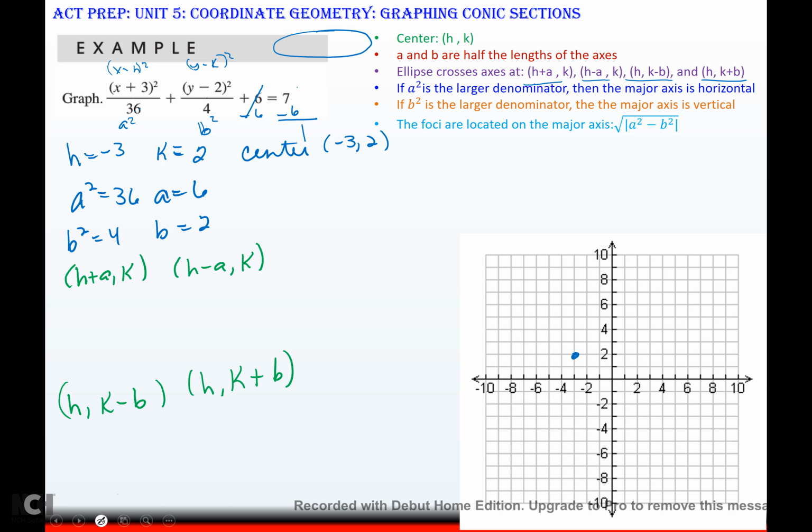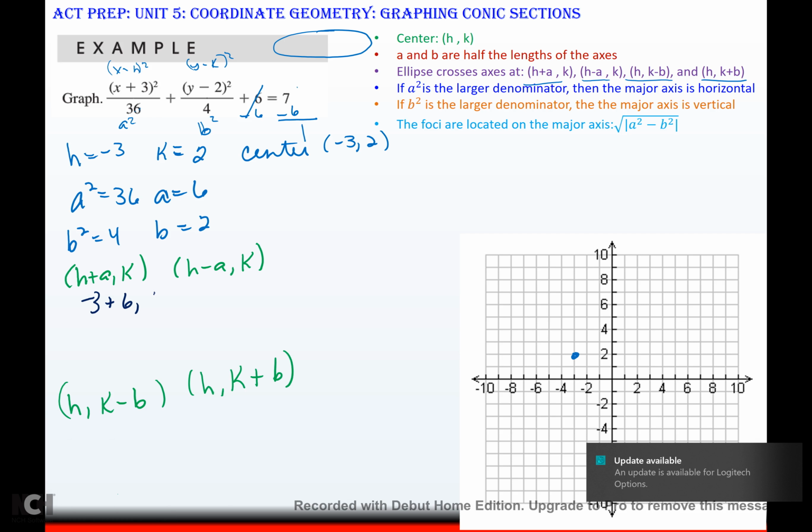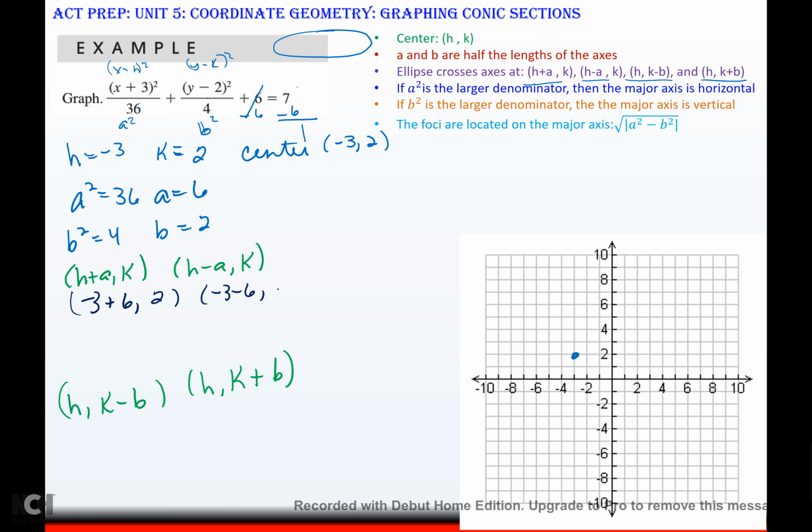All right, so if I plug in my numbers there, my h is negative 3 plus my a is 6 comma my k is 2, and this is going to be negative 3 minus 6, comma 2. So this would be 3, 2, and this would be negative 9, 2.